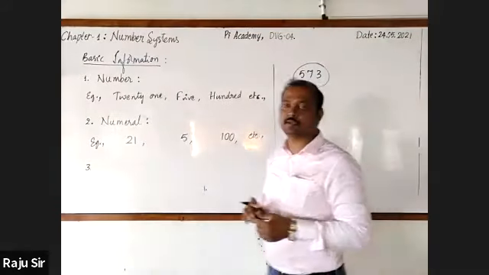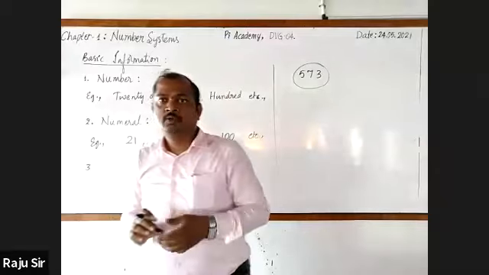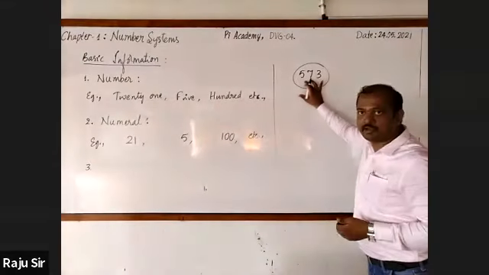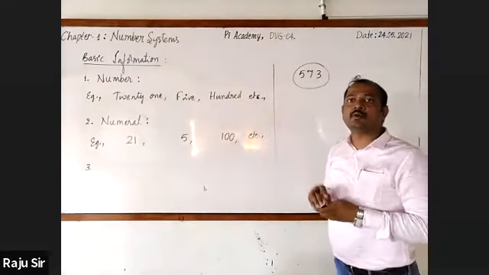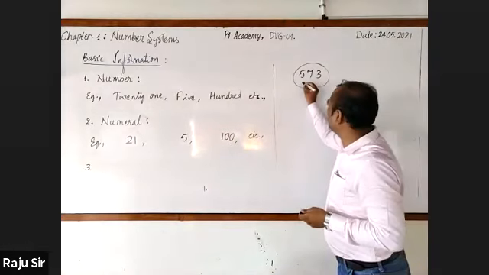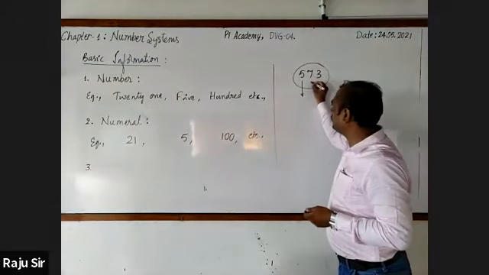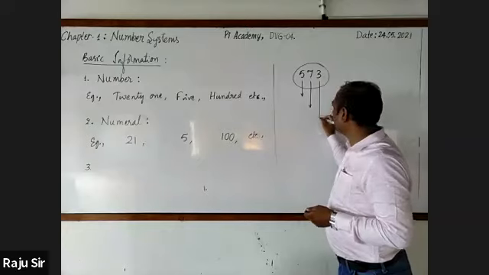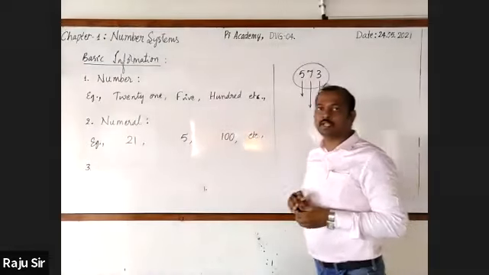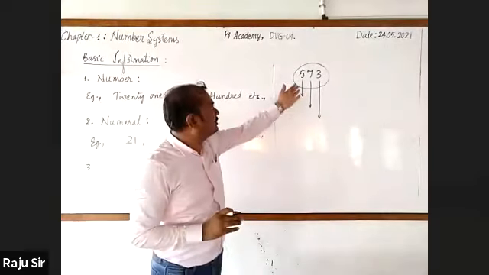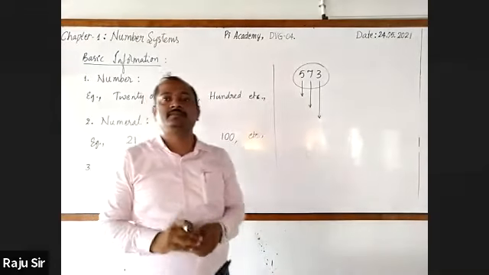To write this numeral, we have used some more symbols. That is, we have used the symbols called 5, 7, and 3. Could you tell what do you call these symbols? 5, 7, and 3. Places. Ones, tens, hundreds.